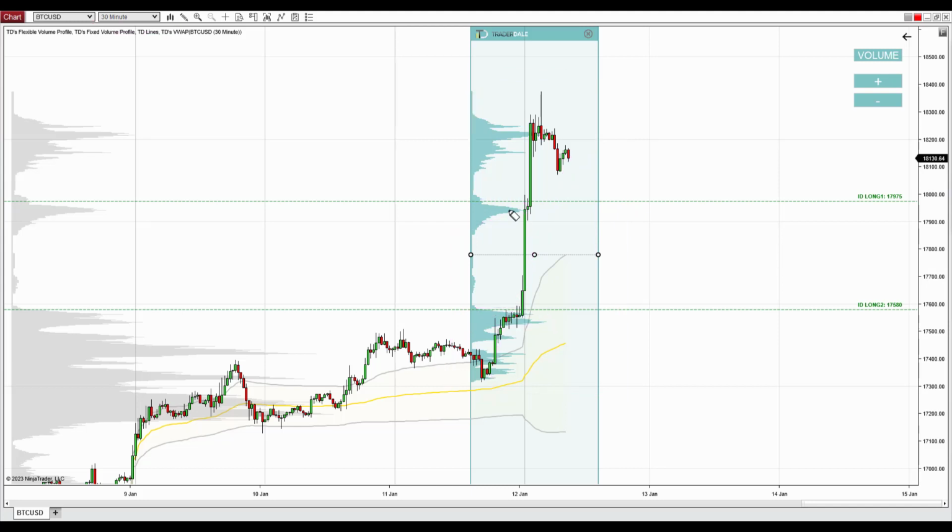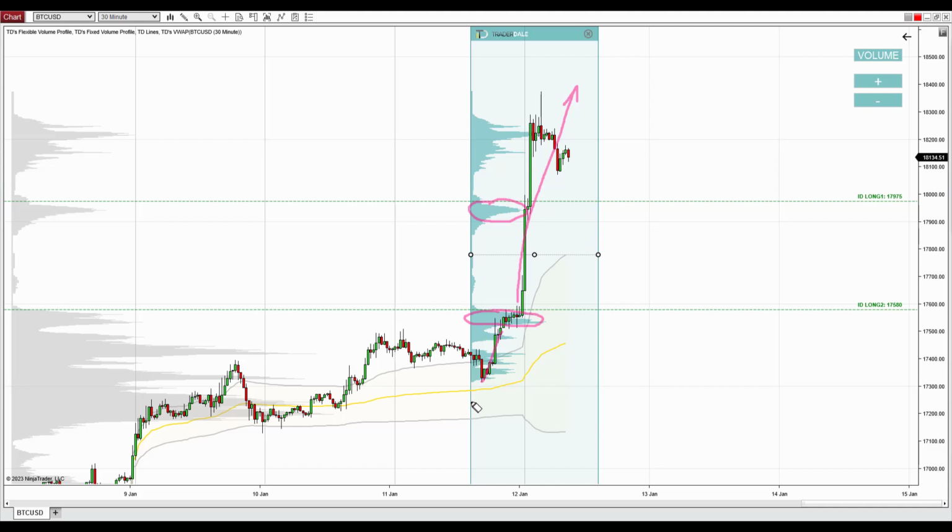I call those volume clusters, and those volume clusters represent places where buyers who were pushing the price upward into this uptrend were adding to their long positions. So for those buyers, those are very important zones.